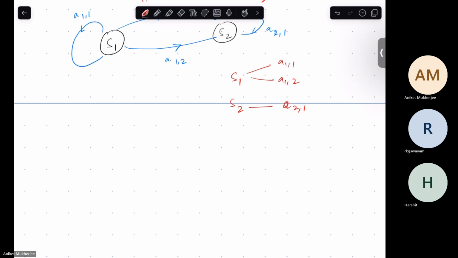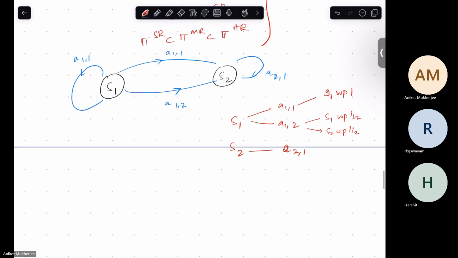Sorry. If I choose A11, I go to S1 with probability half and I go to S2 with probability half.